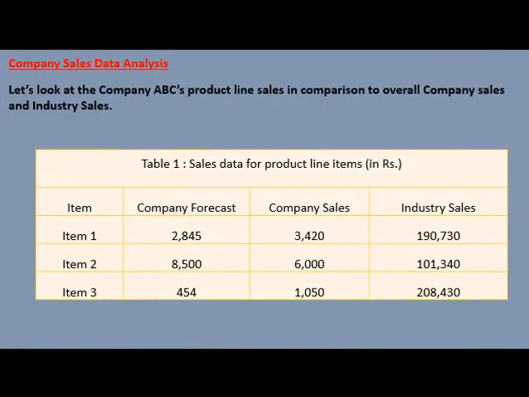As part of the problem, let's look at the company ABC's product line sales in comparison to overall company sales and industry sales. The data provided in Table 1 consists of sales data of 3 items that the company has as its product line. For each item, company forecast data, sales data and corresponding industry sales data is recorded.